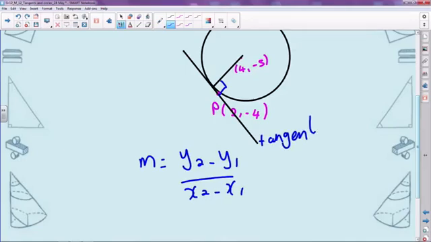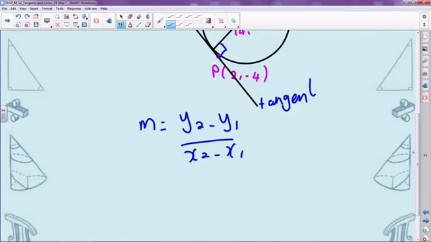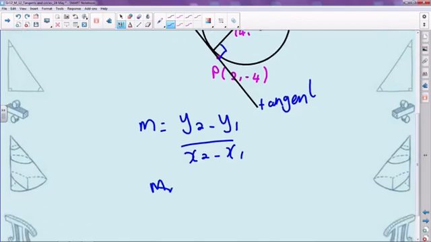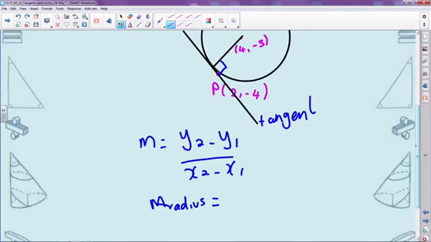So I first work out the gradient of the radius, and the gradient of the radius is going to be equal to the change in y. Remember it's important the order that you take it. If you start at the center with the y, you need to start with the center when you're doing the change in x. So it's going to be (-5 - -4) all over (4 - 2).